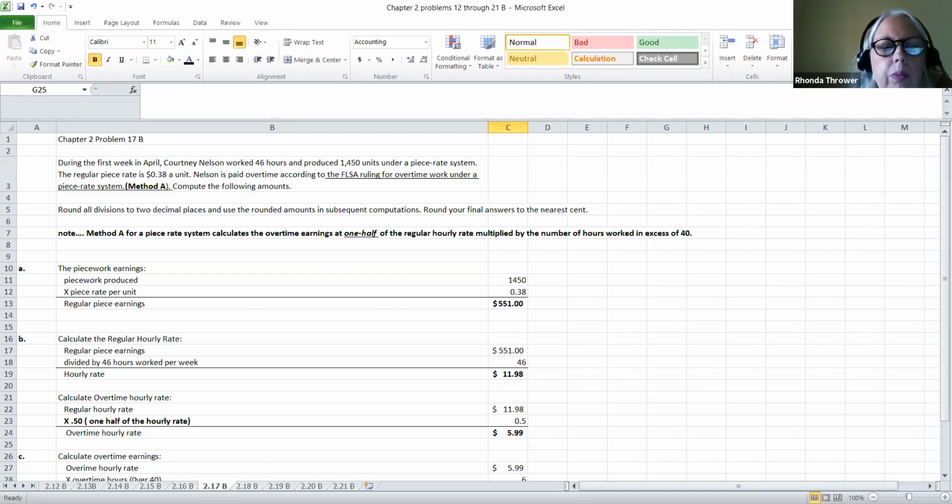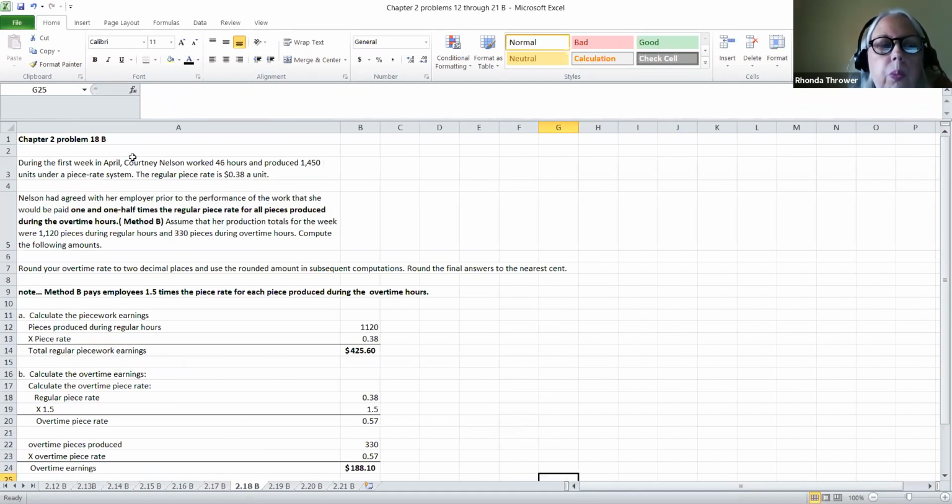On the next problem that we're going to do, which is problem 18, we're also going to be working with piece rates. During the first week of April, Courtney Nelson worked 46 hours and produced 1,450 units under its piece rate system. The regular piece rate is 38 cents.